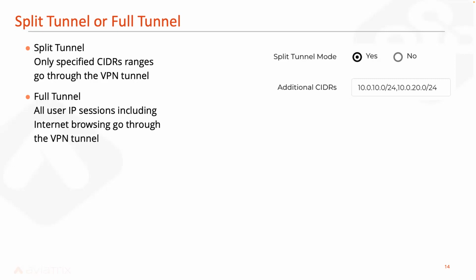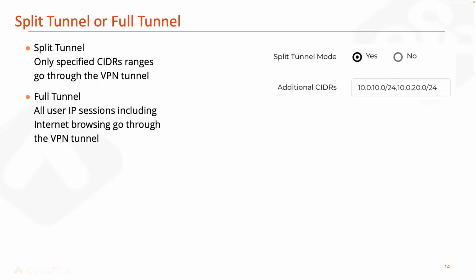And the way we can program the OS is because we have the VPN client. The VPN client is taking the instructions from the VPN server, and the client is programming the OS routing table based on what we have configured, split or full tunneling.